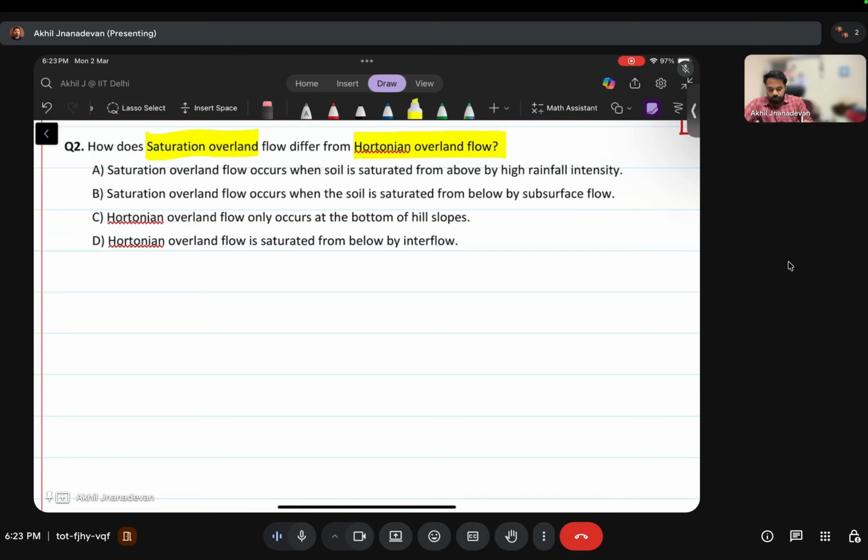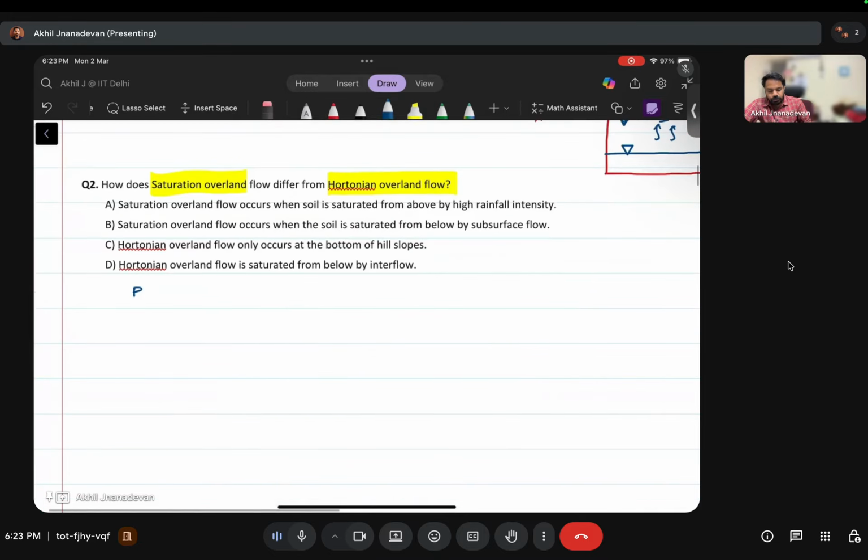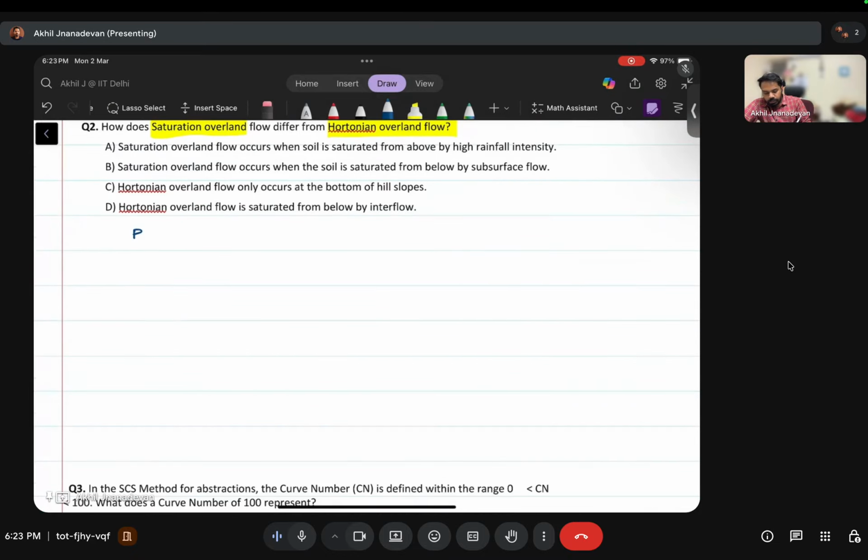Basically, when rainfall of P is happening, we saw the water budget. Initially, the water gets infiltrated. Before infiltration takes place, before the water reaches the surface, there will be interception losses and then evapotranspiration happening.